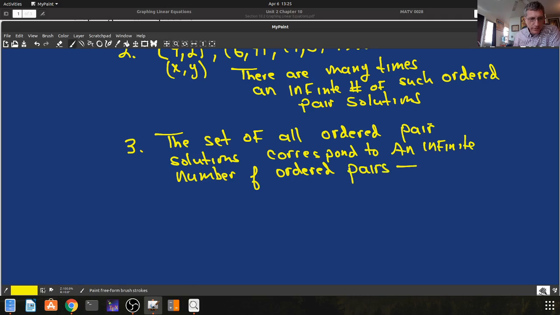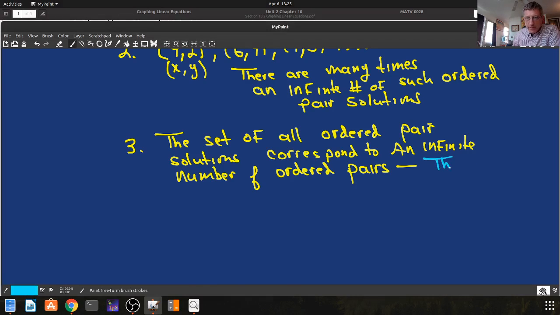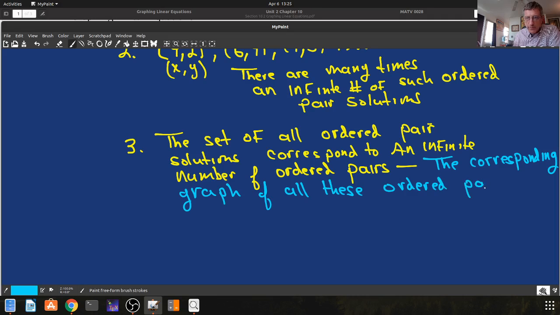And here is the point. The corresponding graph of all of these ordered pairs forms a straight line.